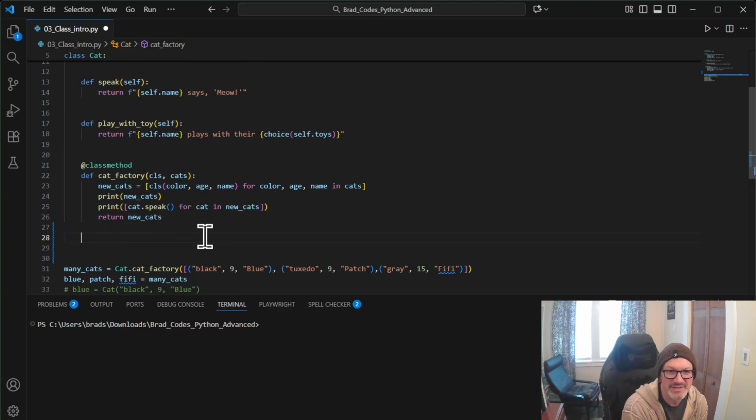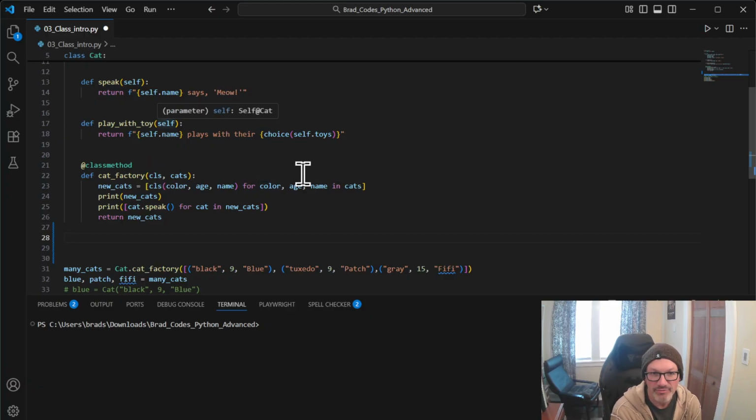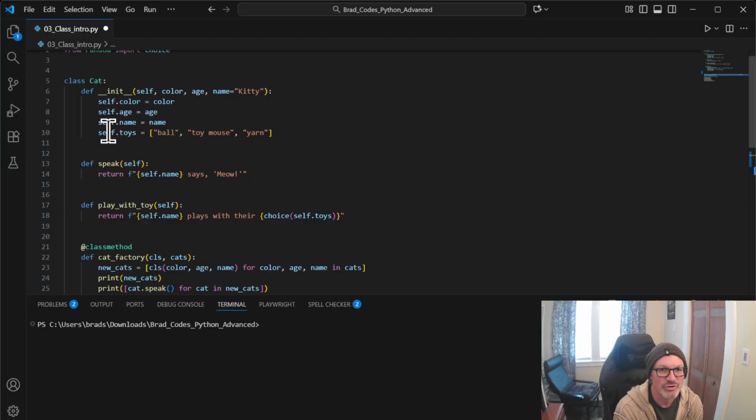And similar to these class methods, static methods certainly have their set use cases. Again, most likely you're still going to be using these instance methods most of the time, but static methods are helpful. A static method does not have a connection to the class. In other words, it's not going to need self. It should not interact with any of our attributes.